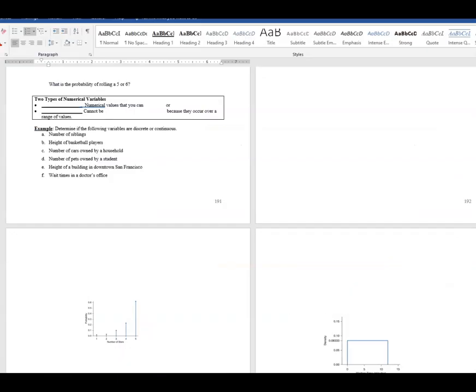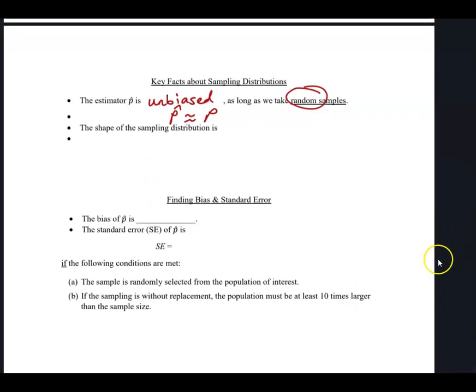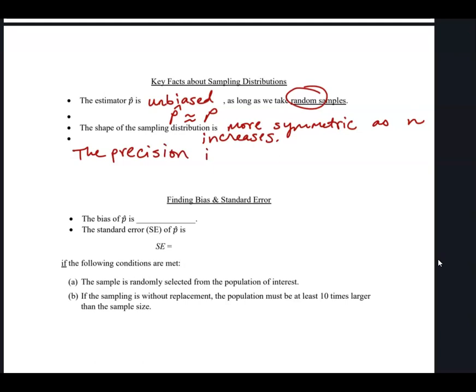So let's put that in our notes and let's summarize what we're talking about here. The shape of the sampling distribution is going to be more symmetric as n, the sample size, increases. And then the last little point I want to make here is that the precision improves.